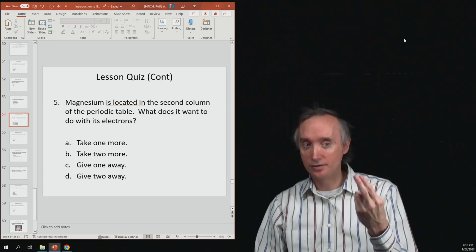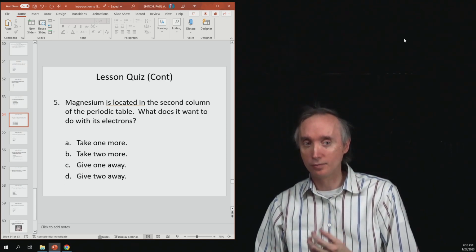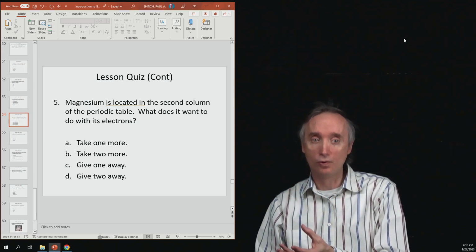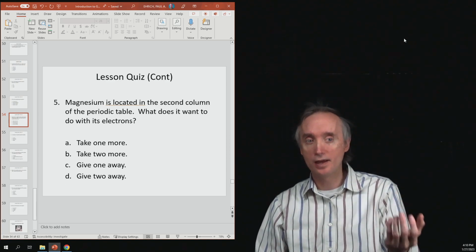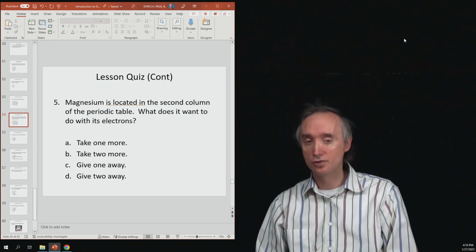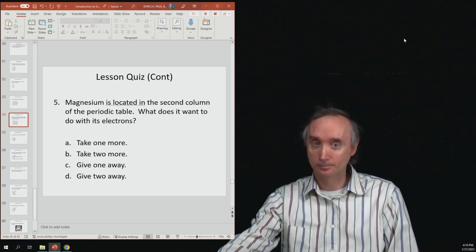What's it trying to get to? What's the magic number? 8. So what could it do? Either give away 2 or it could take 6. So which is going to be easier? Giving away 2. So it wants to give away 2 of its electrons.